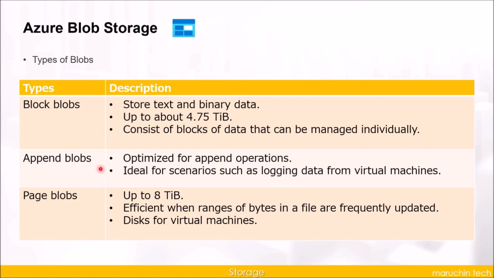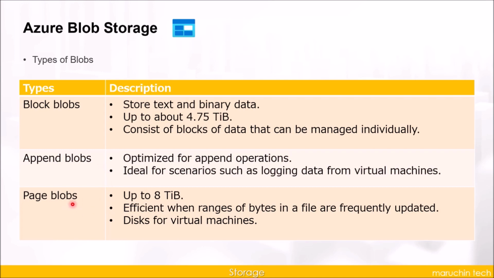The append blob is optimized for append operations, making it easier for scenarios such as logging data from a virtual machine. Append blobs are appended to block blobs. Append blobs do not have an independent identifier, but inherit the identifier of the block blob.